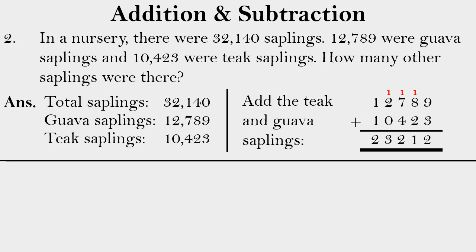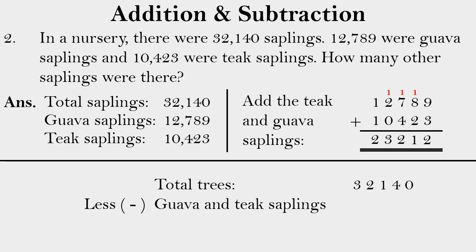We got one total now. What we are going to do is subtract this total from the total saplings that were there. So total saplings were 32,140, less the guava and teak saplings, which is 23,212, which is what we got from this.